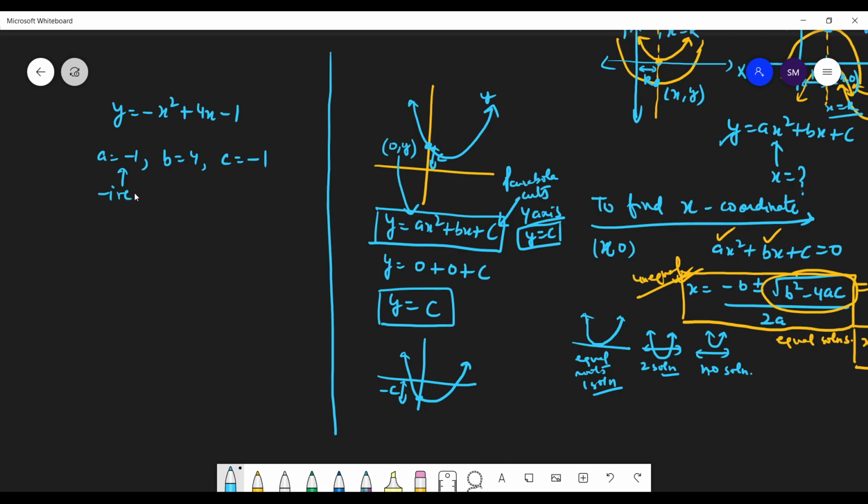Negative a. So it means it opens downward. So its axis will be symmetric to the y-axis. Yes or no? Where will be your vertex? Vertex is equals to minus b upon 2a.